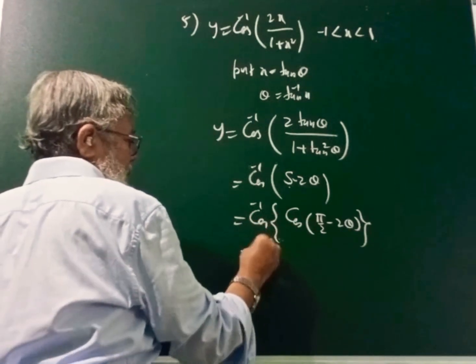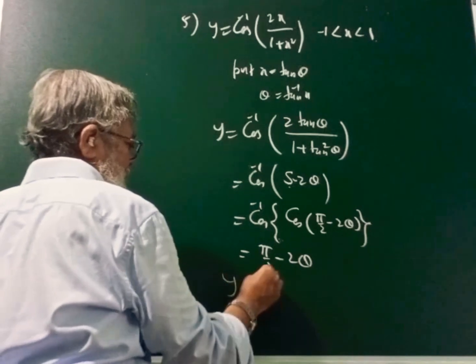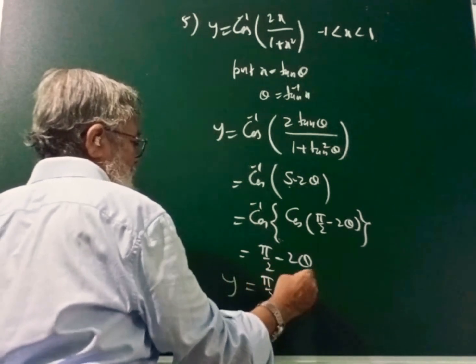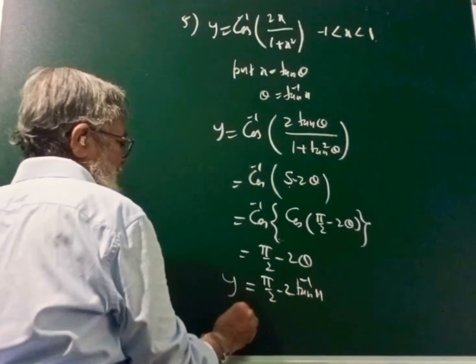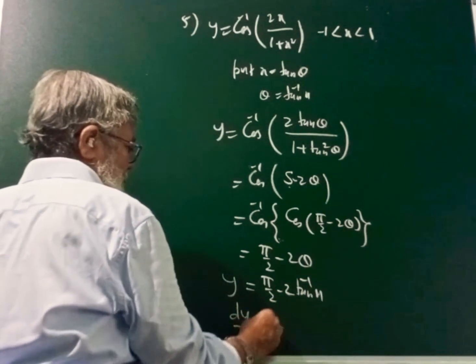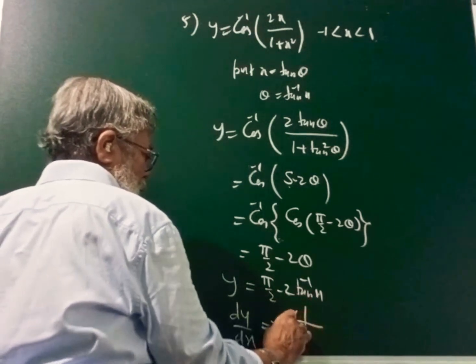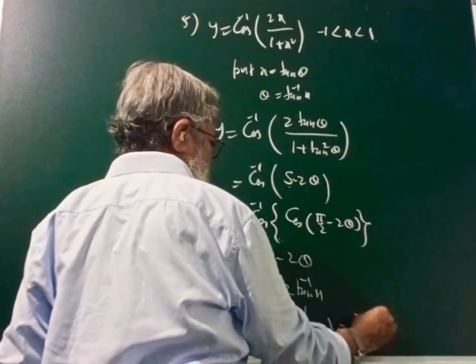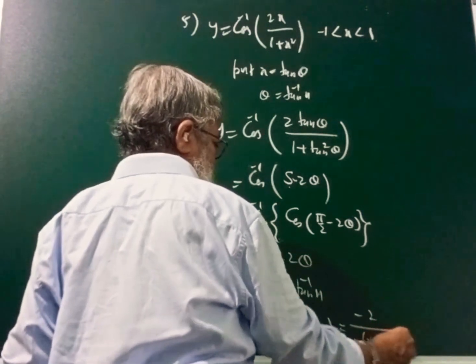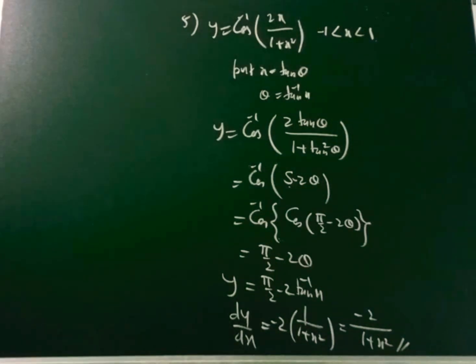Therefore we can cancel, and y is equal to pi by 2 minus 2 theta, where theta is nothing but tan inverse x. Now we differentiate dy by dx. The derivative of the constant is 0, minus 2 into 1 by 1 plus x square, that is equal to minus 2 by 1 plus x square, which is the required derivative of this given function.